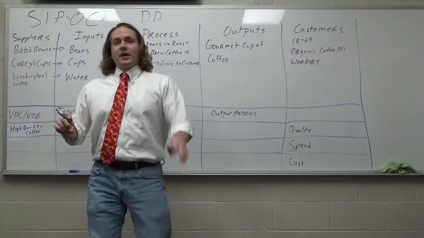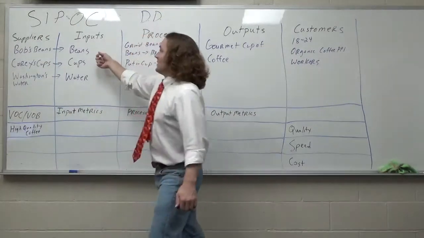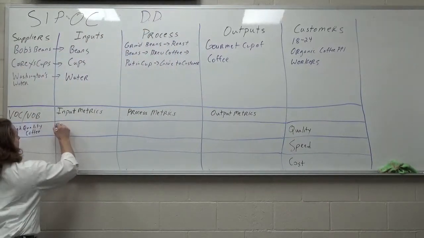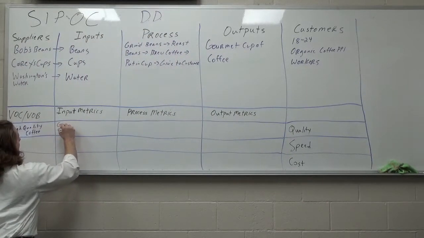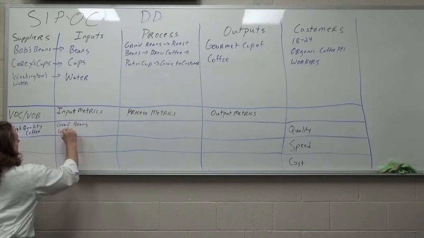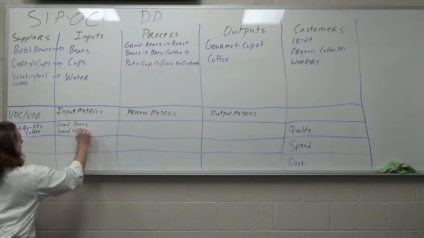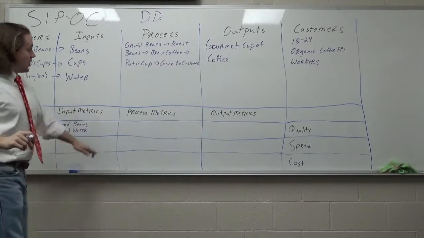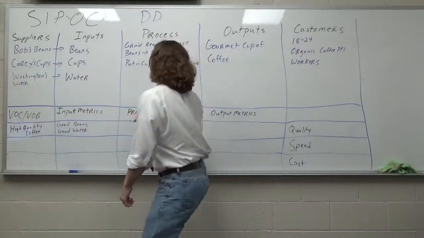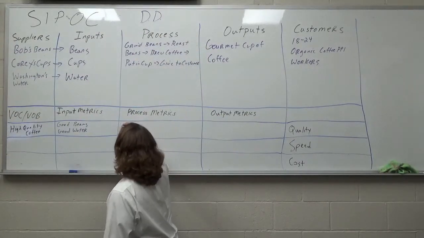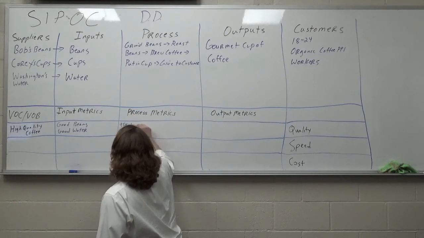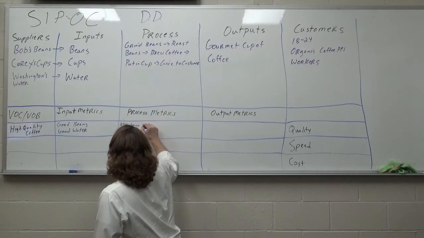Our input metric is going to come from inputs right up here. High quality beans, high quality water. Good beans and good water. Okay? Process metrics. Things you might look at. 95% of the beans are roasted correctly. That makes a good cup of coffee, right?